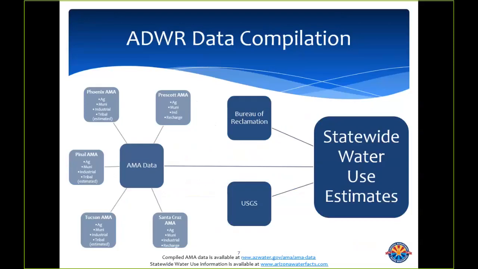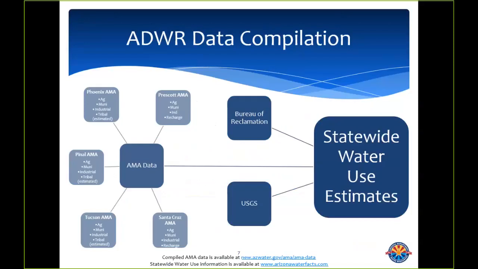So the compiled data for each sector, what you can see here is a list of each sector. I know that's a little hard to read, sorry. The compiled data for each sector feeds up into compiled data for each AMA, which feeds into a cumulative AMA data repository. Then the data from each of the AMAs is combined with information from outside the AMAs that we receive from other sources to create a statewide water use estimate each year.